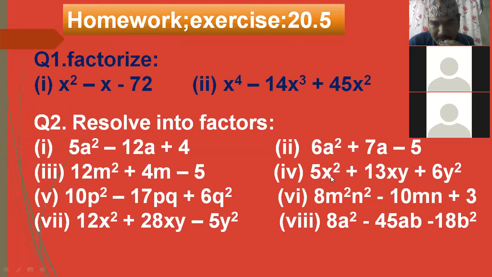Now I am asking Sarita. Sarita, how to get this middle term 13 of this IV number 30? How will you get this 13? By adding or subtracting? First of all, tell that. Hello, Sarita.